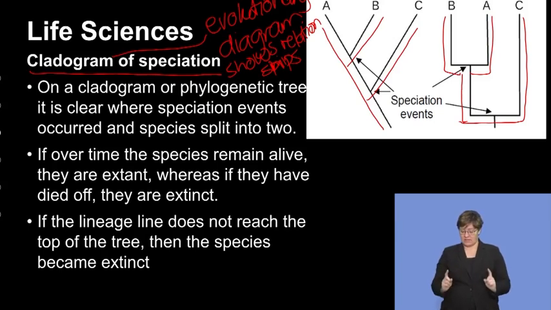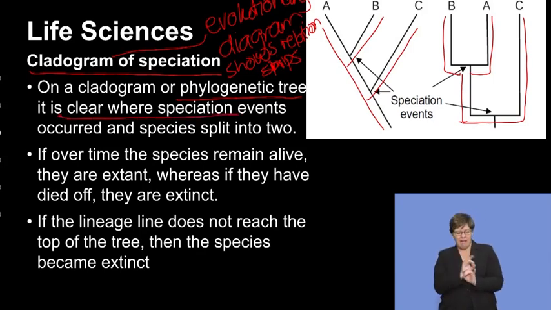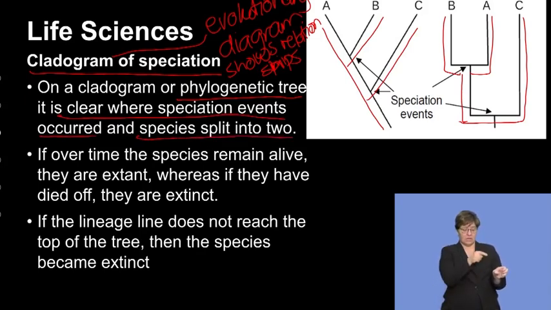On a cladogram or a phylogenetic tree, which is a larger diagram, it's very clear where speciation events occurred and where species split into two. In the previous section, we looked at what causes a population to split into two, and now we're going to see this on an evolutionary diagram.